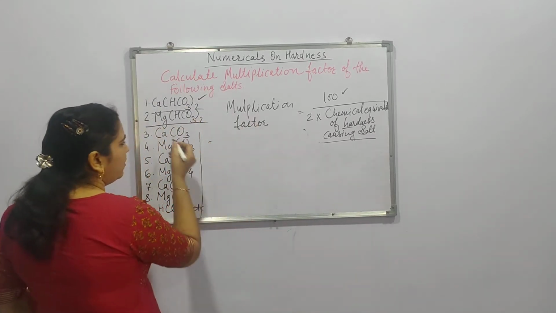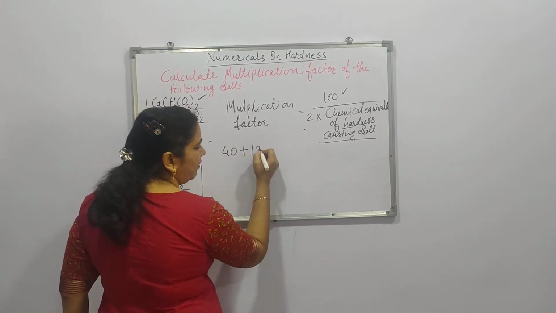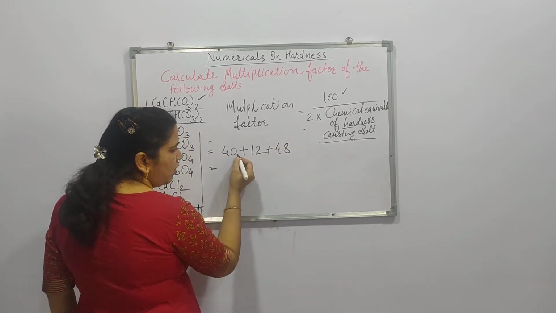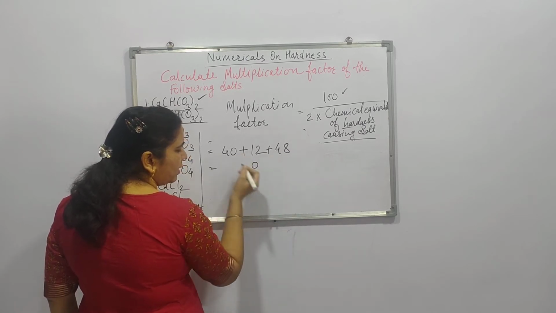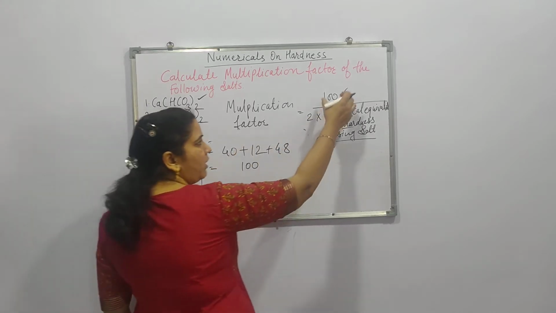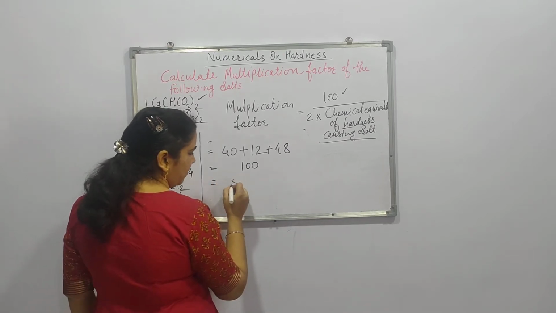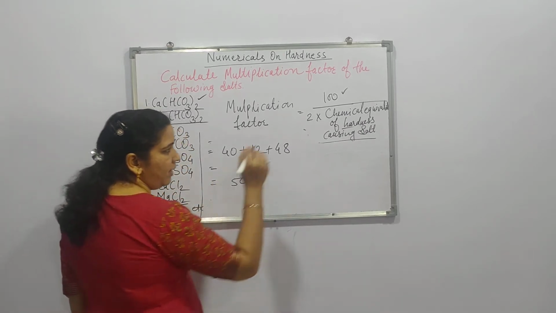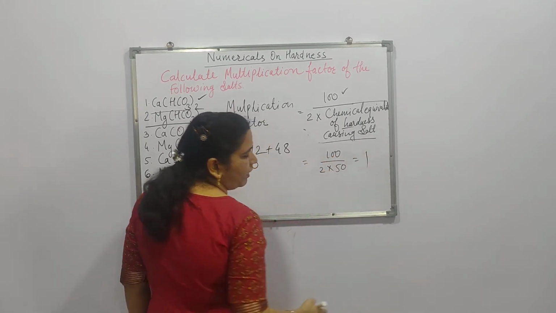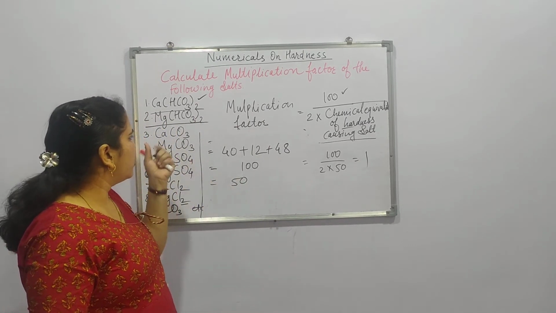Its molecular weight is 40 plus carbon 12 plus oxygen 48, that is equal to 100. So its equivalent weight is equal to 50. That is 100 upon 2 into 50, which is equal to 1. So 1 is the multiplication factor for calcium carbonate.